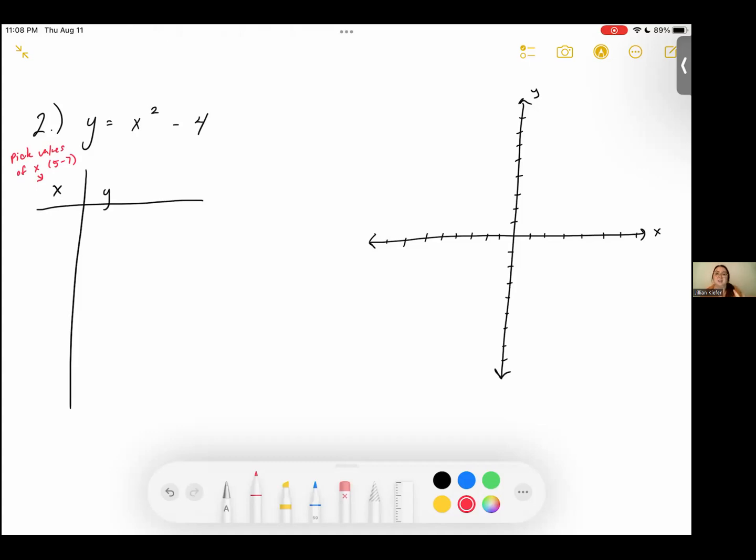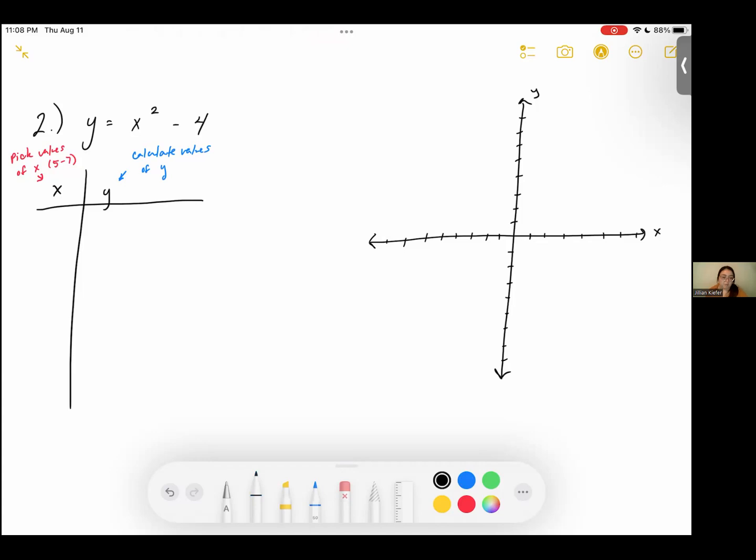But if you feel like you need to look at it a little more, 7's probably good. So you pick values of x, and then you calculate values of y using your equation. You have that y is equal to x squared minus 4, so if you pick values of x, you can pretty easily find y.